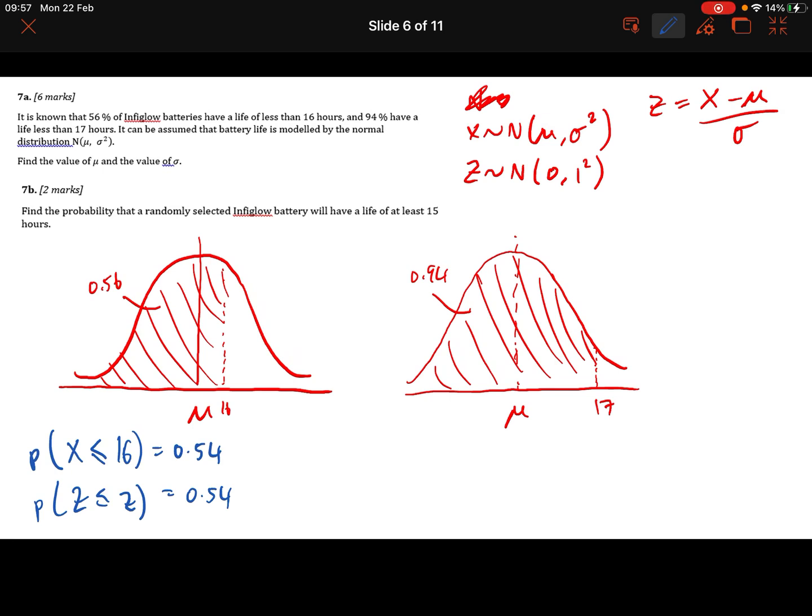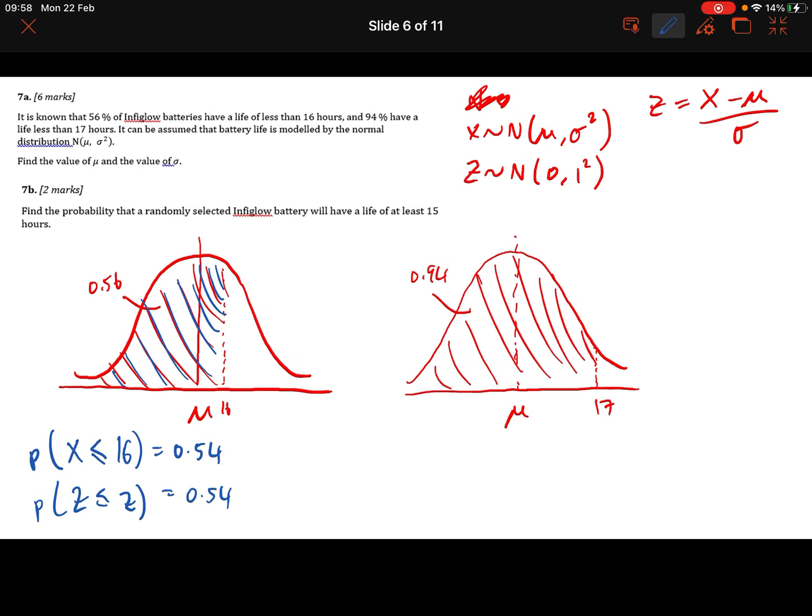You go to the menu, then statistics, then distribution, then normal distribution, and you're going to go for inverse. Make sure it says data is variable, and the tail is to the left, because all of the data is to the left of that point. 0.56 is to the left, so area should be 0.56.